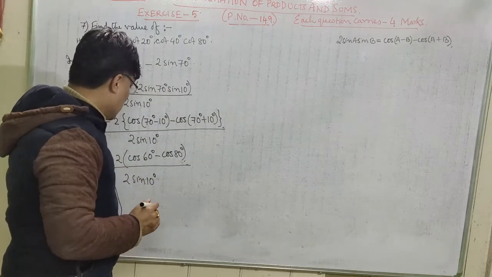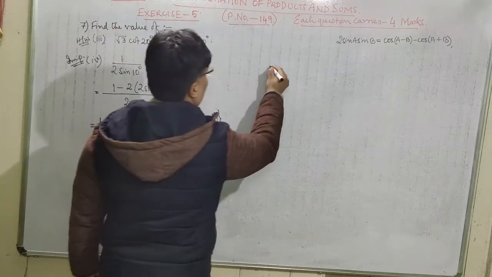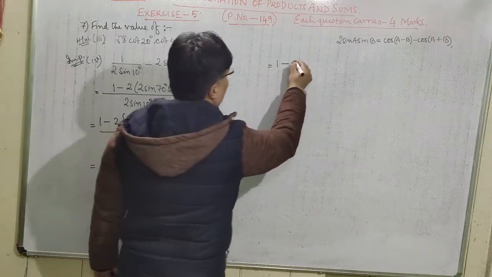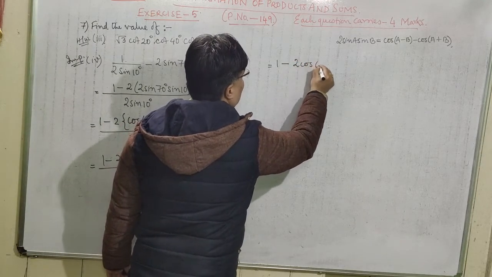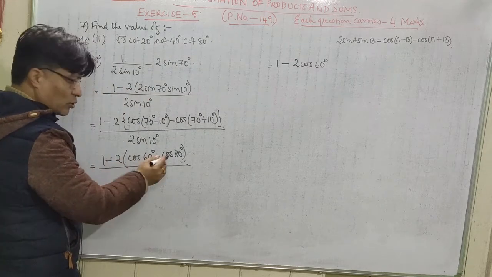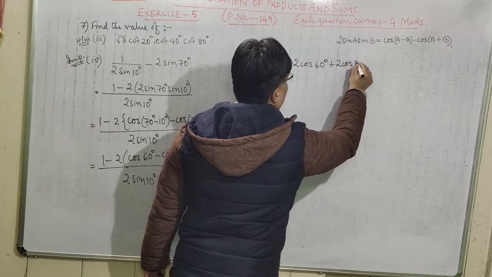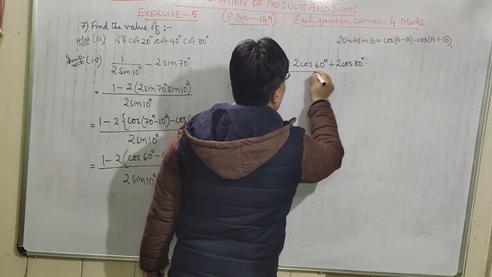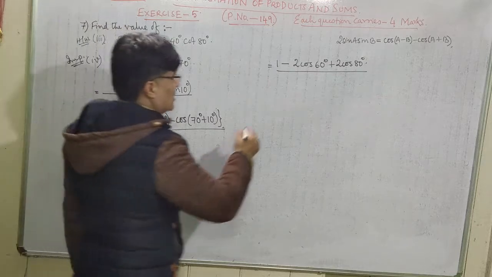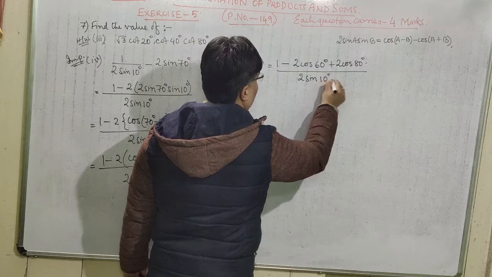Again, let us simplify the numerator, which is equal to 1 minus, let us multiply by 2, 2 cos 60 degree, minus into minus plus 2 cos 80 degree. This whole divided by 2 sin 10 degree.